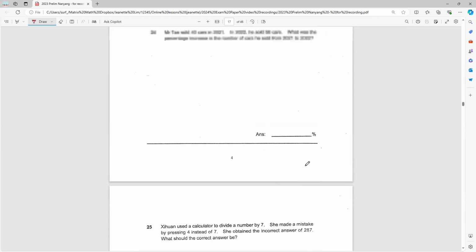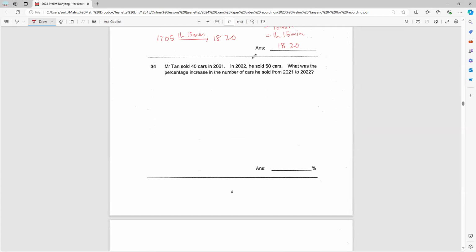Question 24. Mr. Tan sold 40 cars in 2021. In 2022, he sold 50 cars. What was the percentage increase from 2021 to 22? Okay, so percentage increase is increase over original times 100%. So what is the increase? The increase is 50 minus 40, which is 10.